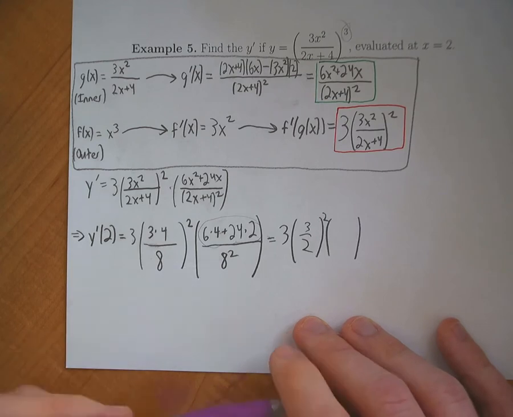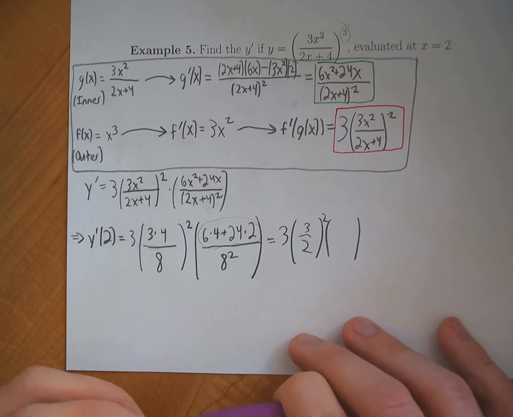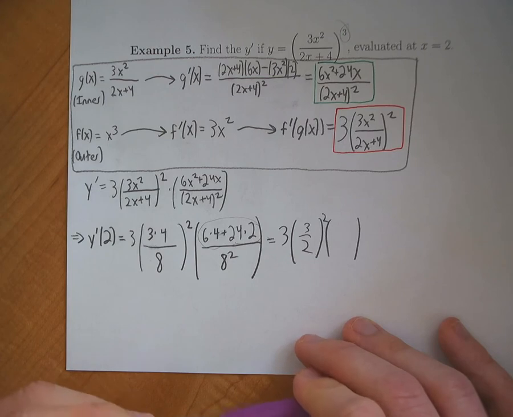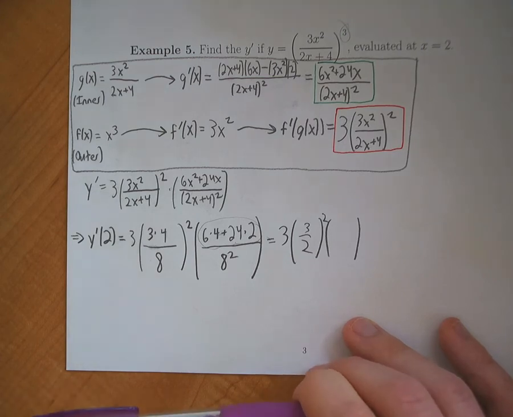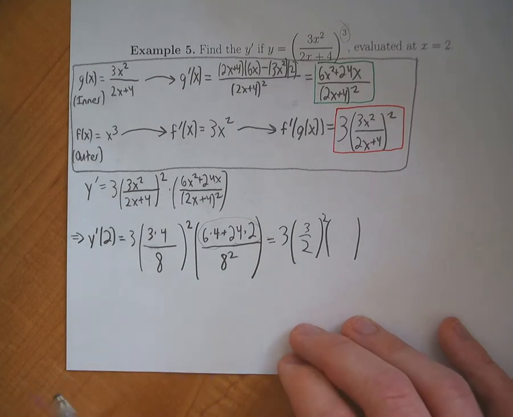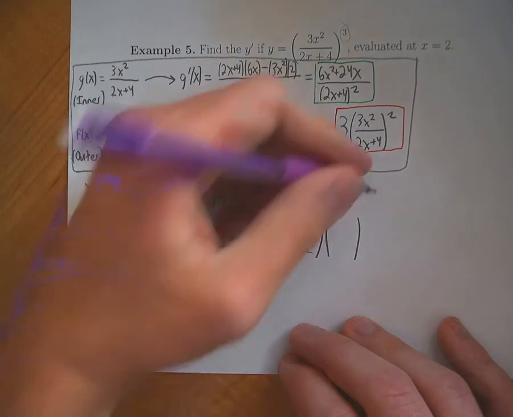If you need to use a calculator, you can use that. 6 times 4 plus 24 times 2, so 24 plus 48, and 72. 72 over 64 is the fraction. So that simplifies too. 9 over 8. Good.